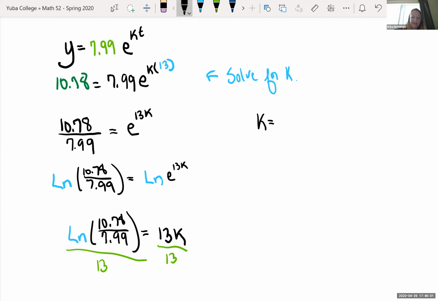So let's plug that in the calculator so I can get an approximate value of k now. So I have the natural log, parentheses, 10.78 divided by 7.99. In that parentheses, divide that by 13. You get k is approximately 0.0230386.